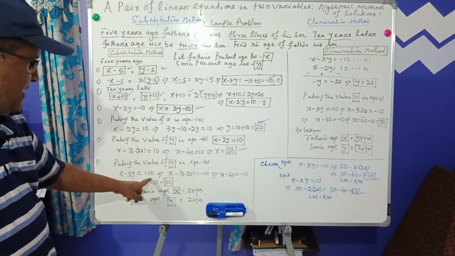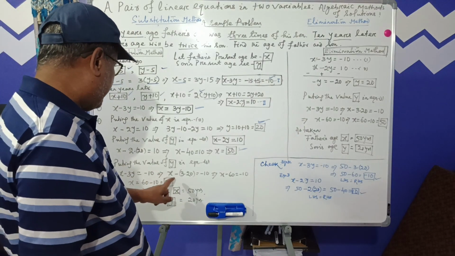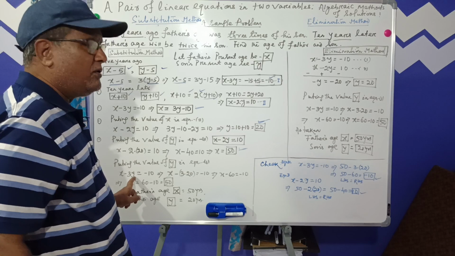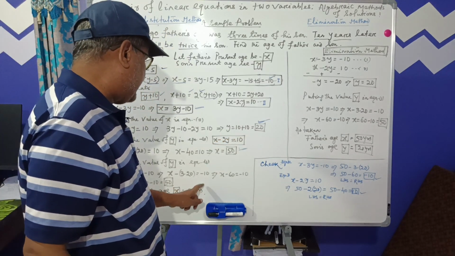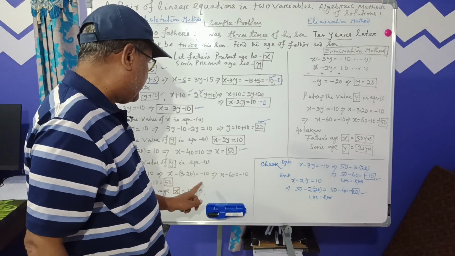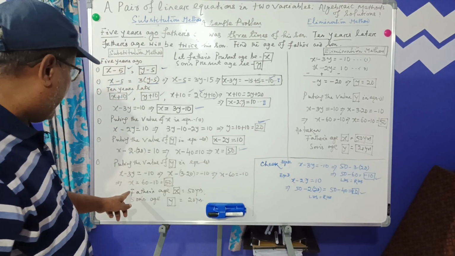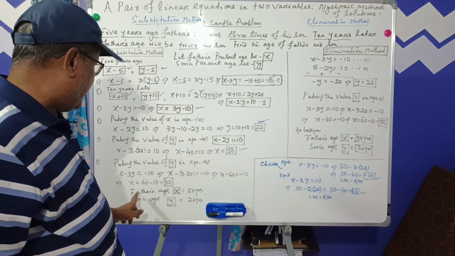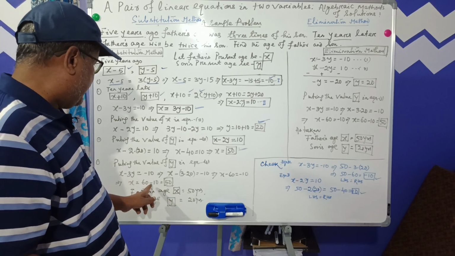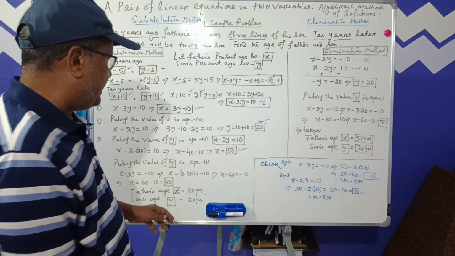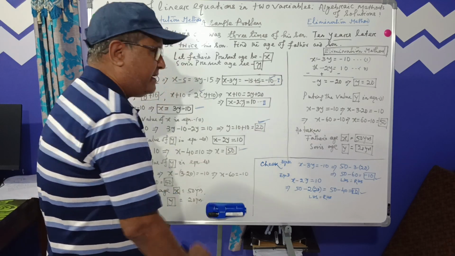Now x minus 3 into 20, because the value of y is 20 that we derived here, is minus 10. That implies x minus 60 is equal to minus 10. By transposition, x is equal to 60 minus 10, which is 50. Now we got 50 here also.